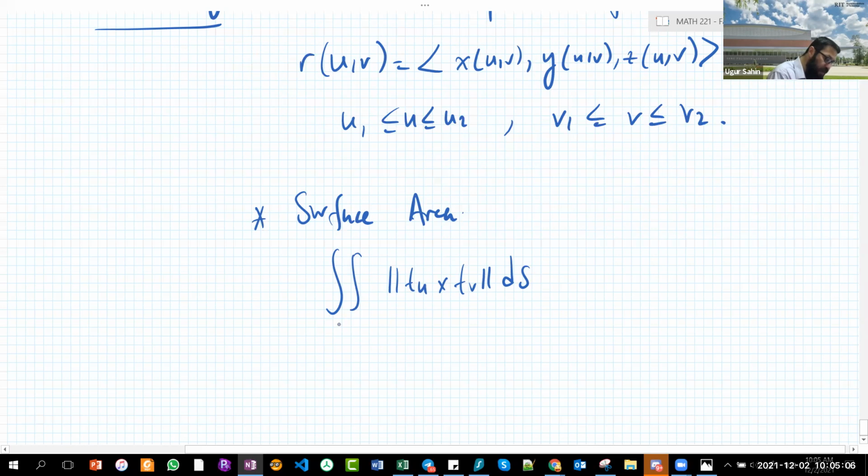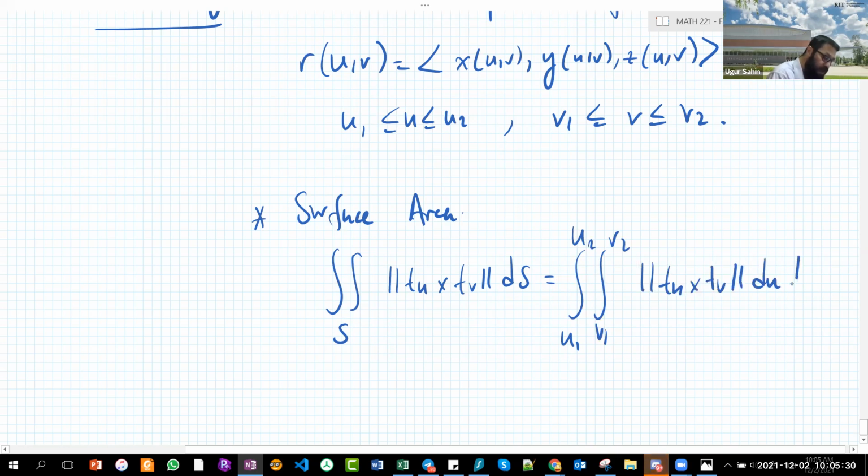Basically, this double integral should be taken over the surface S, but we can use the mapping idea over du and then dv, from u1 to u2 and v1 to v2, the length of this cross product Tu times Tv, du dv.